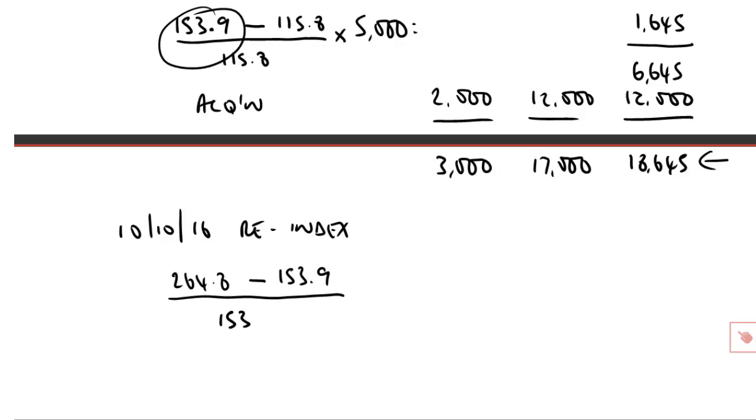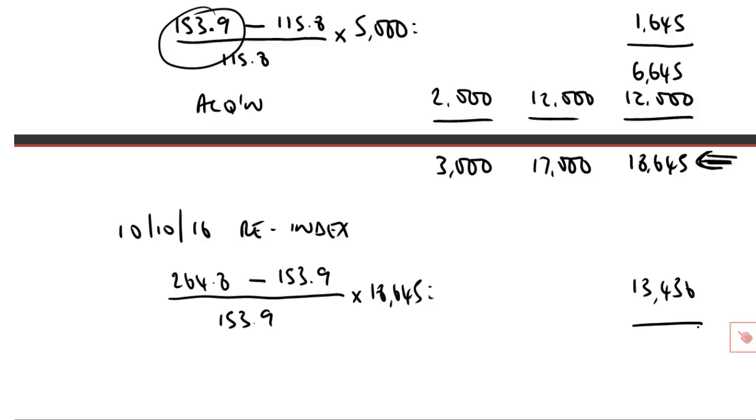So all over 153.9. Leave it in the calculator and multiply by, as we've said here, this index cost total. That was £18,645. Again, calculator time. Work it through, and hopefully we'll agree then that that comes to £13,436.